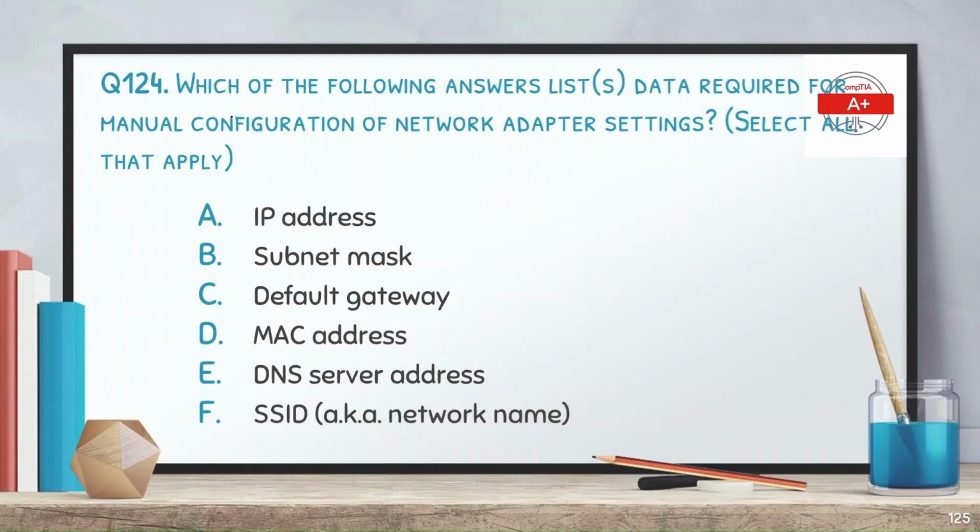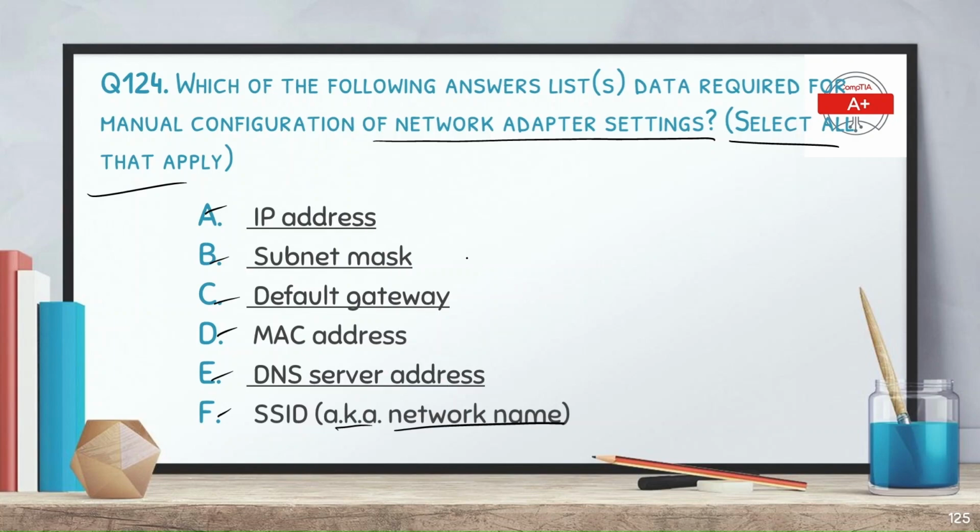Question number 124: which of the following answers list data required for manual configuration of network adapter settings? Select all that apply. The options are A. IP address, B. Subnet mask, C. Default gateway, D. MAC address, E. DNS server, and F. SSID, also known as the network name.